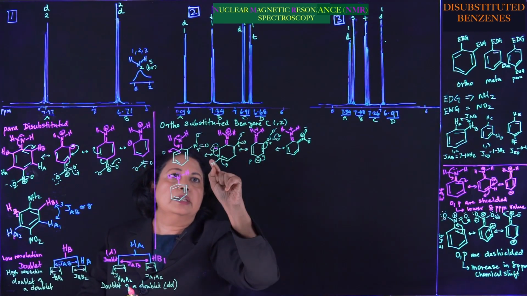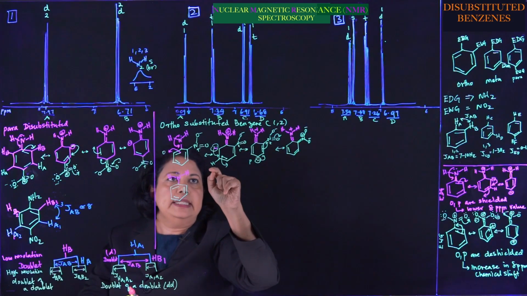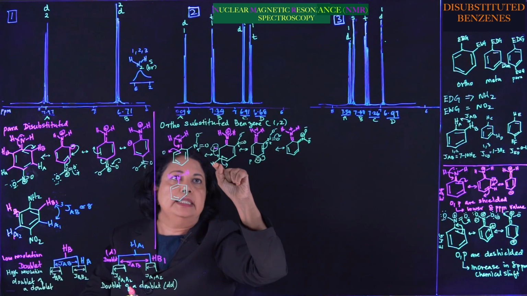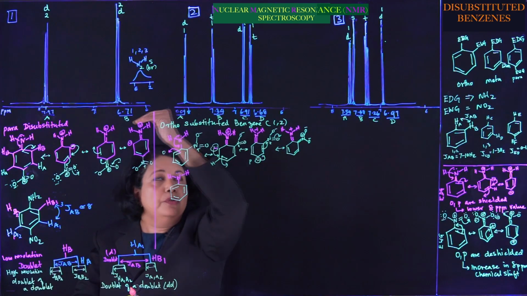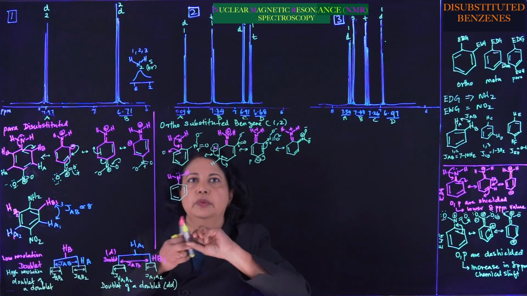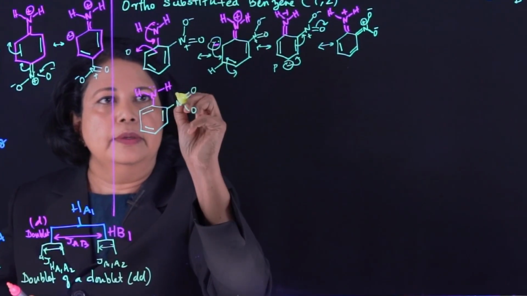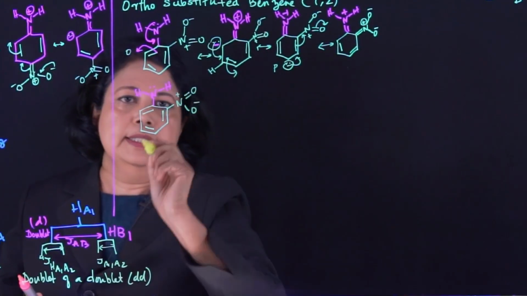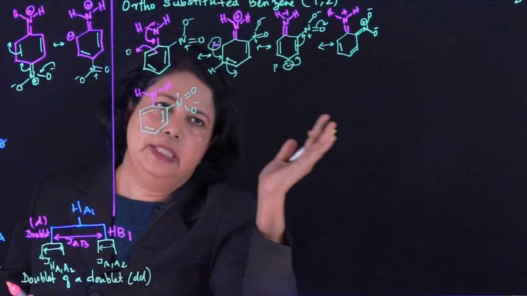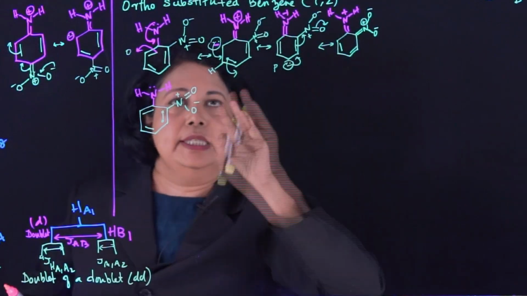If there are more electrons around the hydrogen, they'll be shielded and upfield. If there are fewer electrons or electrons are depleted, they will be downfield and have a higher delta value. And we know that. So let's look at what would happen if you just had the NO2 group over here pulling out the electron density. So this time we're just going to start our resonance with the NO2. Obviously, it doesn't really stop at each one of these stations.